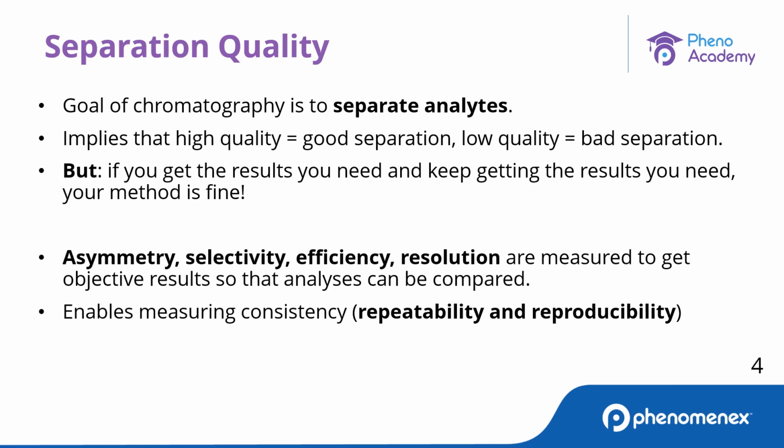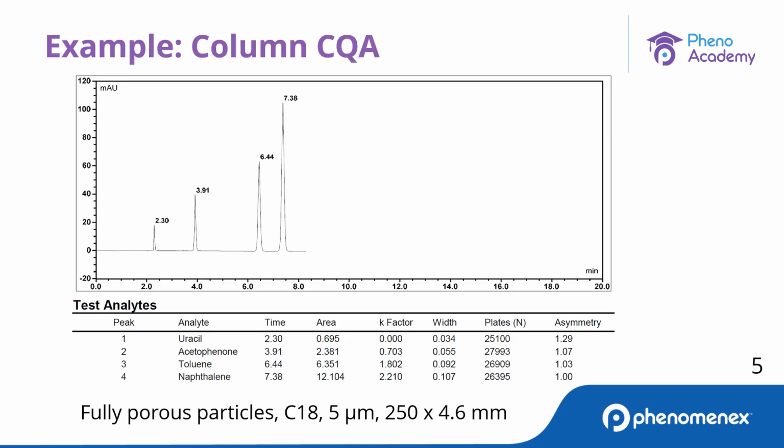QC testing area. To give you examples of those 4 separation quality attributes, I wanted to show you the CQA, the Certificate of Quality Assurance of an LC column. So you can see some of those attributes there at the bottom, like K factor and plates and asymmetry.